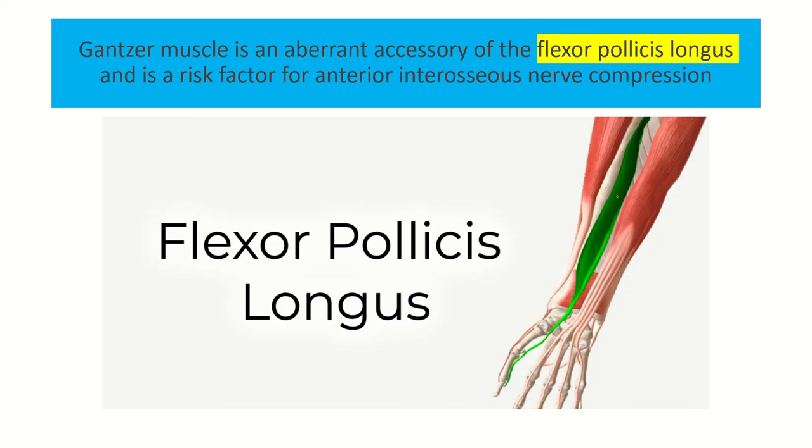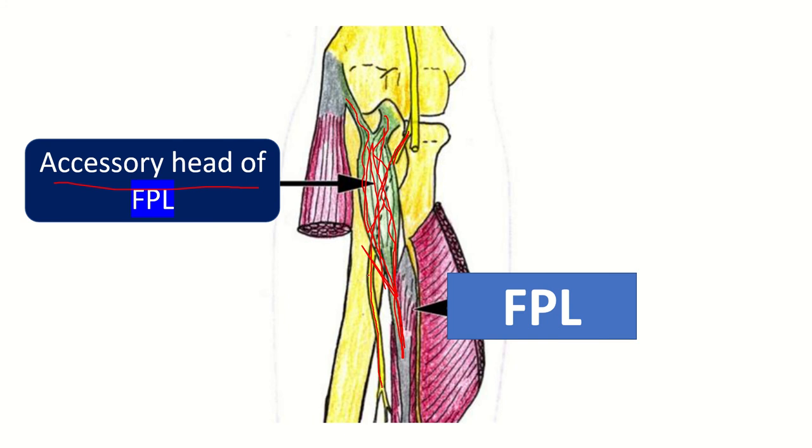Here we can see the flexor pollicis longus, and the Gantzer muscle is an aberrant accessory of the flexor pollicis longus and a risk factor for anterior interosseous nerve compression. Here we can see this nerve which runs beneath the accessory head of flexor pollicis longus.